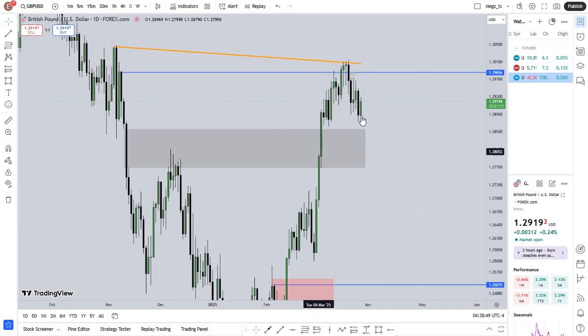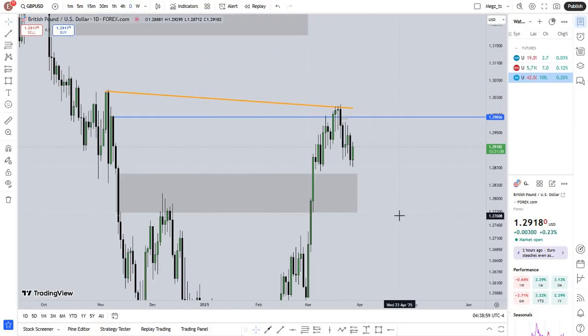I'm expecting it to drop lower into this inverse fair value gap right here, and probably you can get an institutional order flow entry here. Then we keep pushing higher because I'm still bullish here. But for short term, I'm expecting a drop into this inefficiency and below this low right here.